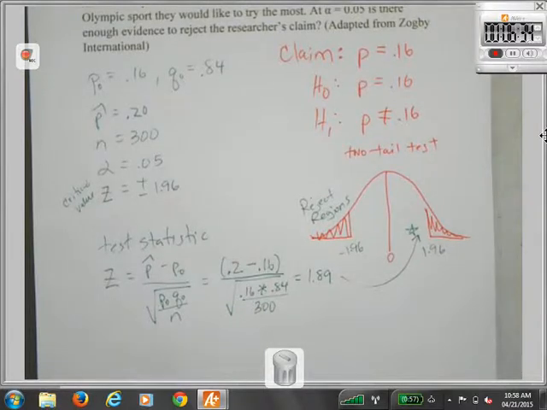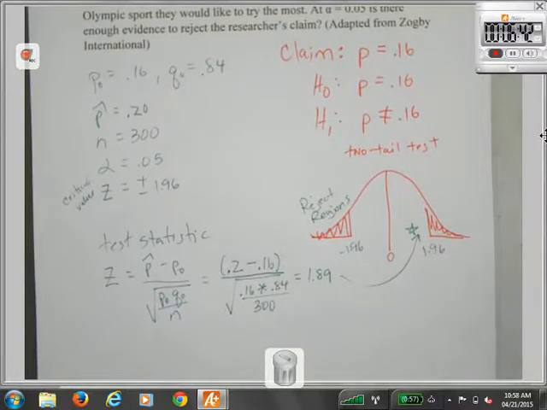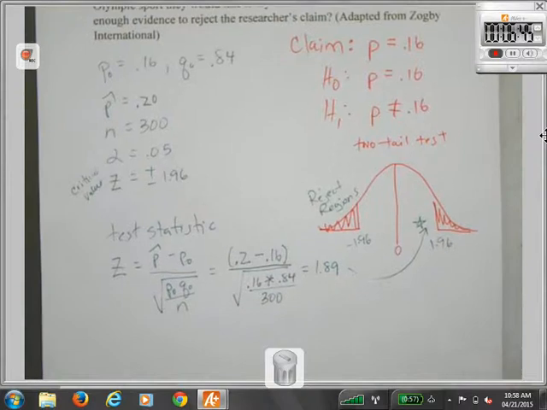Now we have enough information to make a conclusion. The first sentence in the conclusion needs to be about that rejection or not. And we are not going to reject the null hypothesis here. We could say we're failing to reject the null hypothesis.